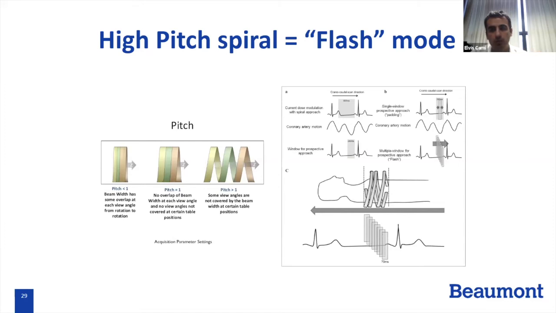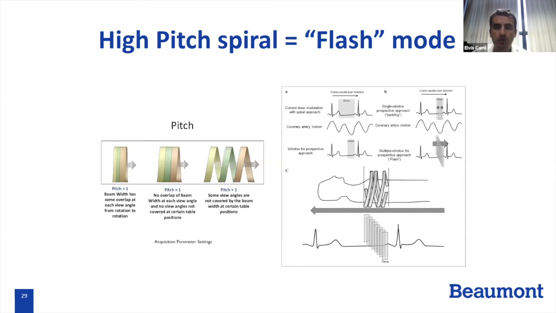And if you have a problem with that phase, then you only get that 60%, and you don't get a 65%, you don't get a 70% to check the images. And if you get a little artifact in, let's say, that mid RCA, then you're basically stuck. So very rarely we'll use this mode.